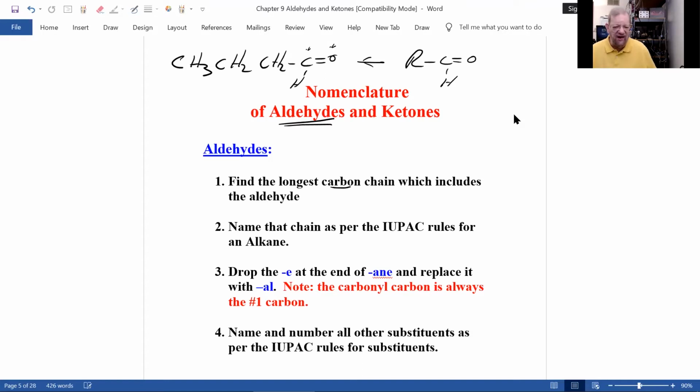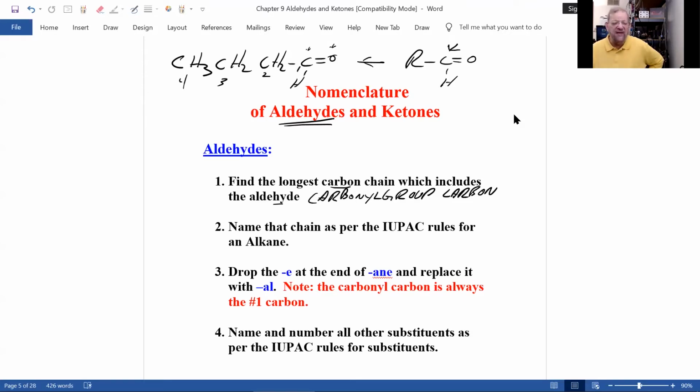Find the longest chain which includes the aldehyde, otherwise known as the carbonyl group carbon, the carbon double bond to the oxygen with the R group on that. And if we do this, we have 1, 2, 3, 4.